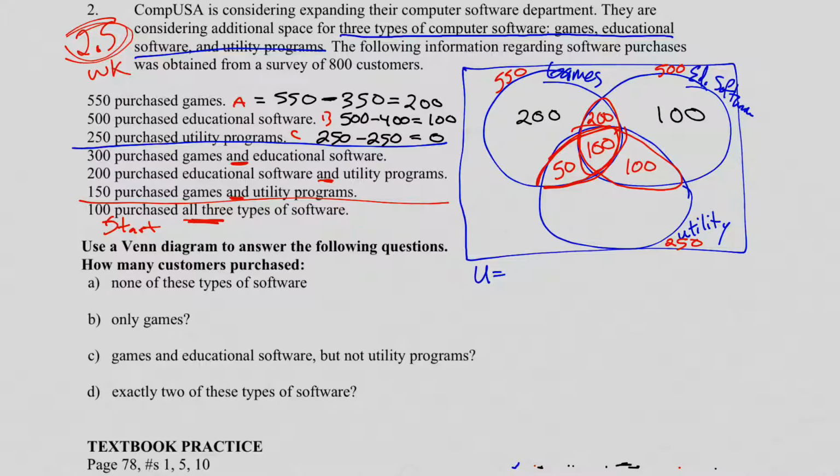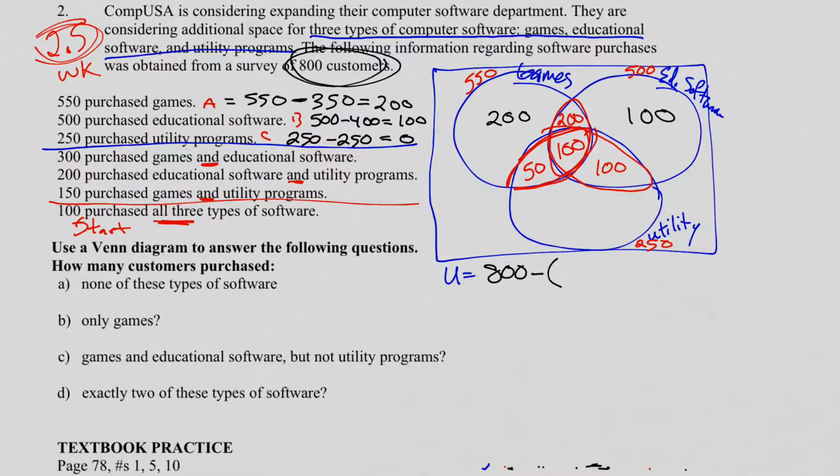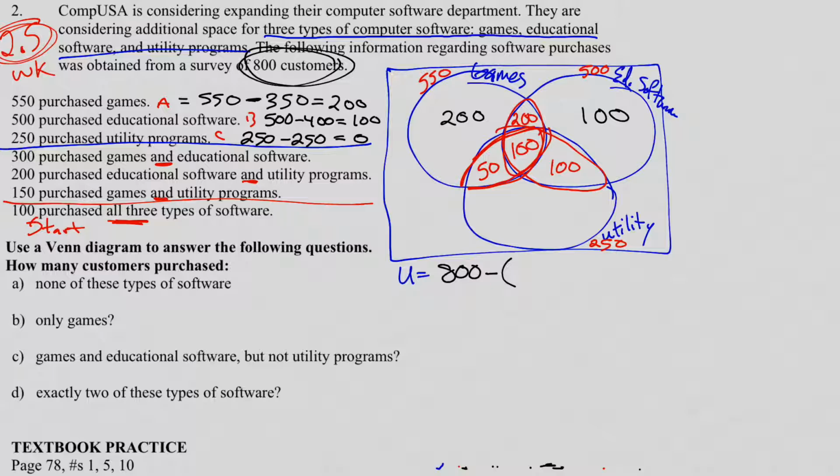Now all we need to do is get region 8, which is outside the circle. The total is right here, 800, minus all of the numbers already listed inside our circles.